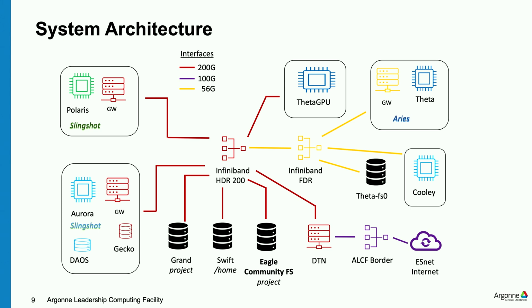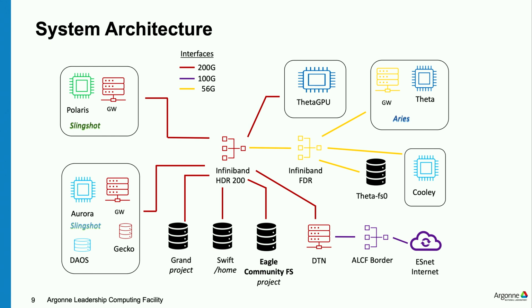To the right of it, there is DDN and a data transfer node, which allows access through ESnet. We have several other clusters: Theta GPU is shown, and the old Theta machine, which resides on the Aries network. Cooley is directly connected to InfiniBand, but that is InfiniBand FDR, which connects to the HDR fabric.